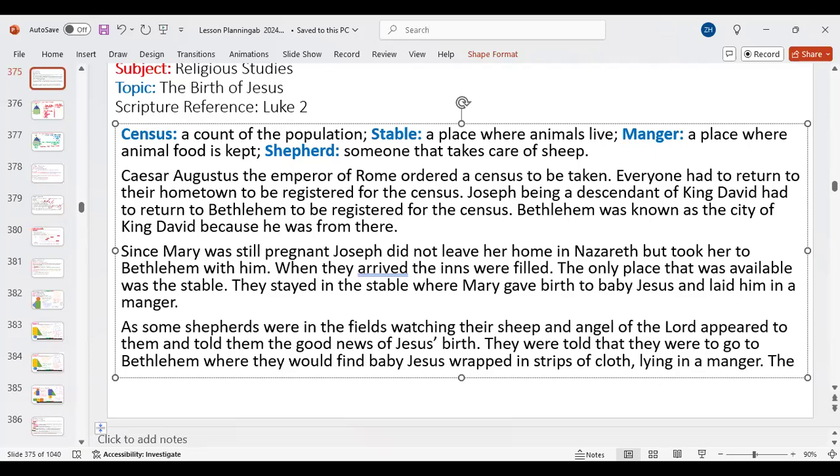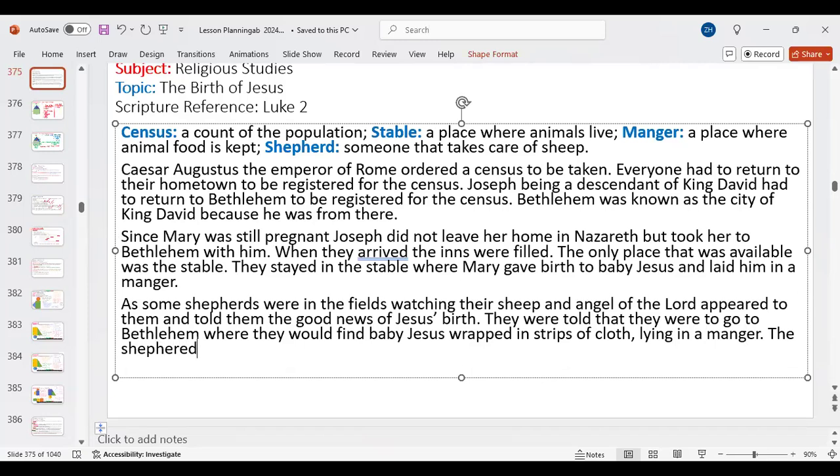The shepherds decided to go to Bethlehem and left immediately.